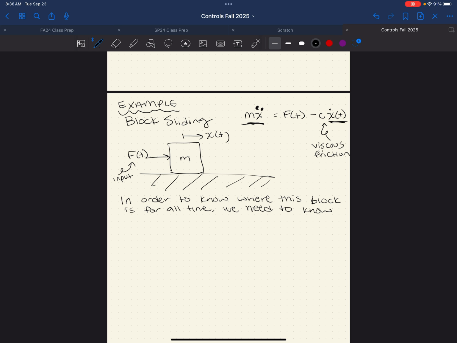So we really only need to know x of 0 and x dot of 0. The equation of motion above means that we don't need x double dot as a state variable.